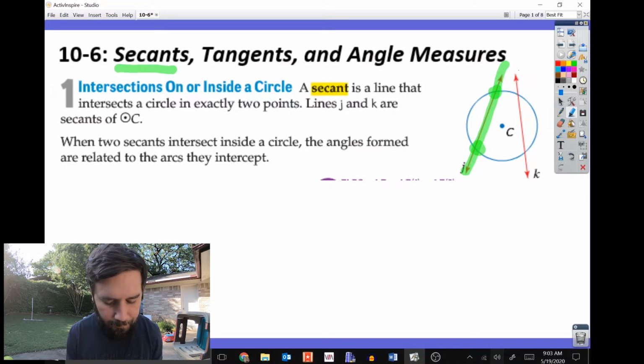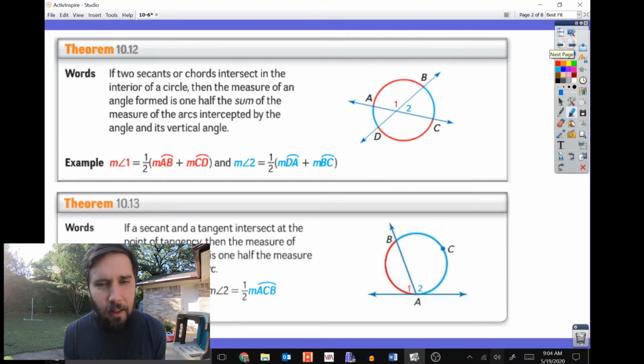So, when 2 secants intersect inside a circle, the angles formed are related to the arcs they intercept. Let's look at the theorems that have to do with that. When 2 secants intersect, they can intersect in 3 different places.